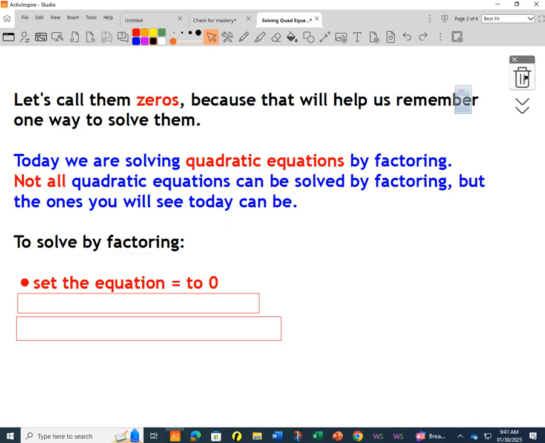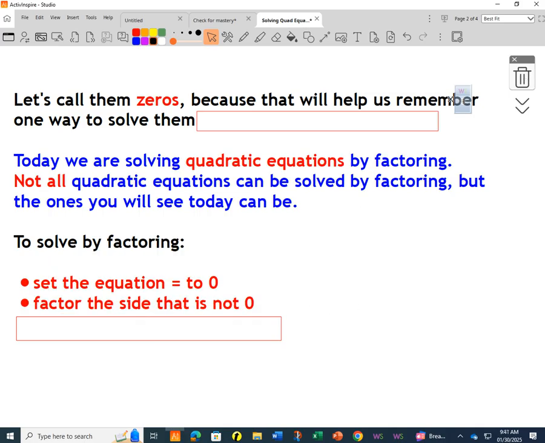Now, they won't always be set equal to 0 already. We might have to rearrange the terms to get it equal to 0. Once it's equal to 0, though, then we can factor the side that's not 0. So factor that polynomial expression. In our case, usually it's going to be a trinomial for these.